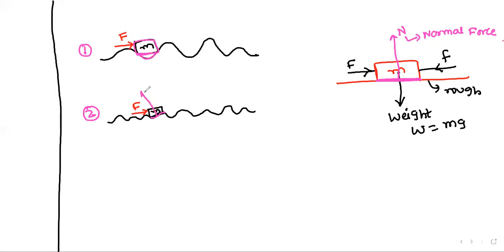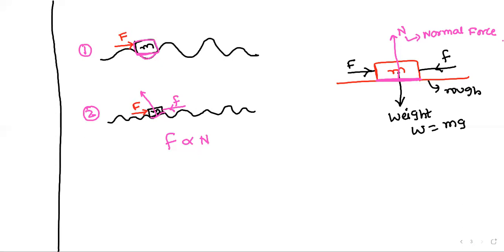As the normal force is more, the frictional force will be more. So we can say that frictional force is directly proportional to normal force. That means on the surface, whatever normal force there is, proportionately we have that much frictional force.